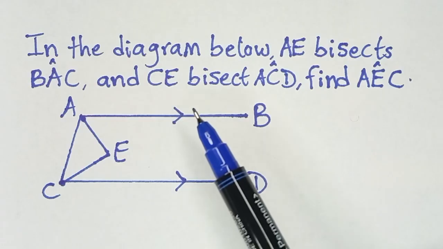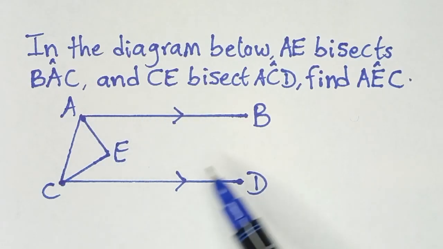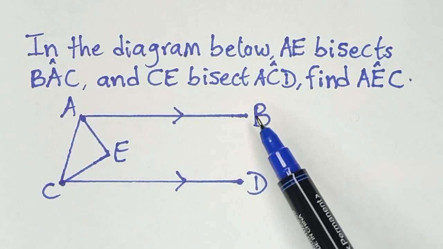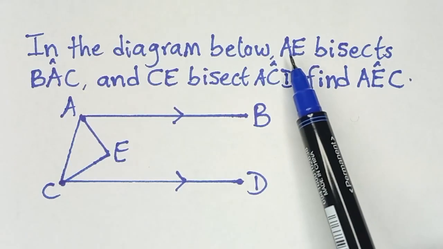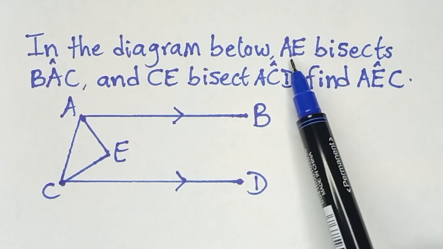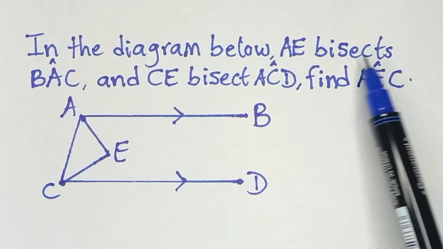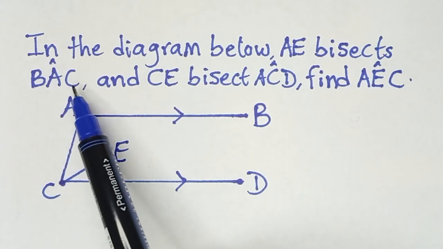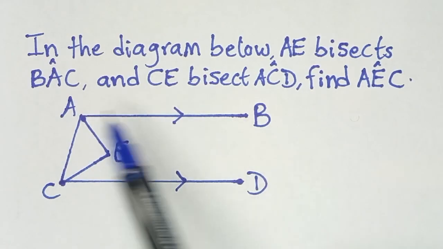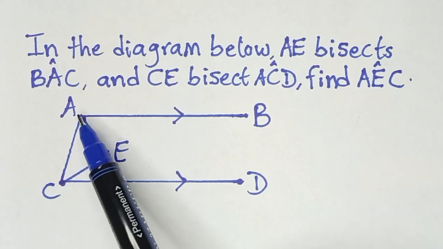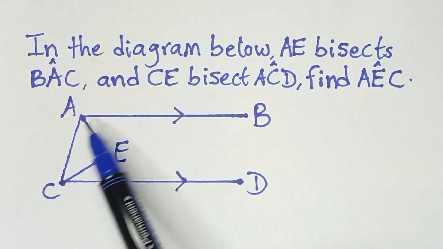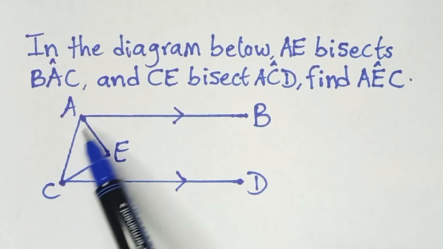Now, in this geometry question, we are told that AE, that is this line AE, bisects angle BAC. This line AE is bisecting it into two equal parts.